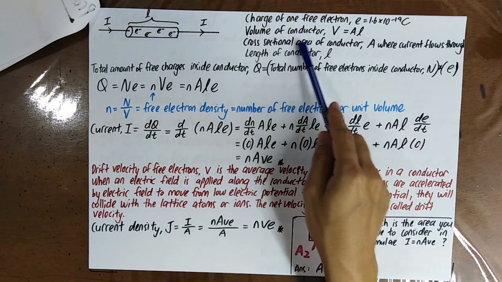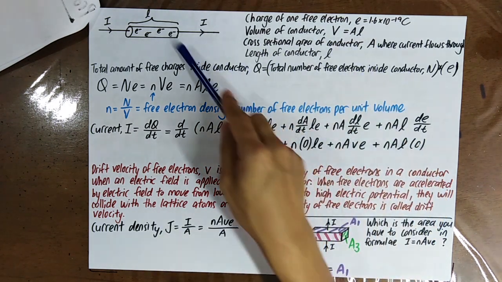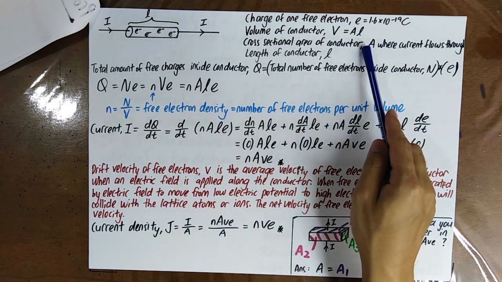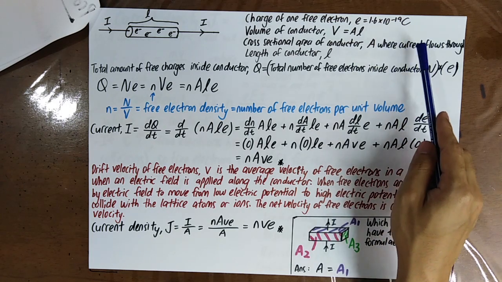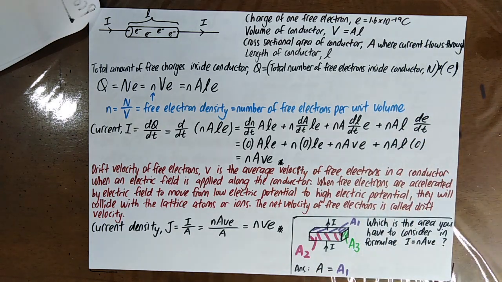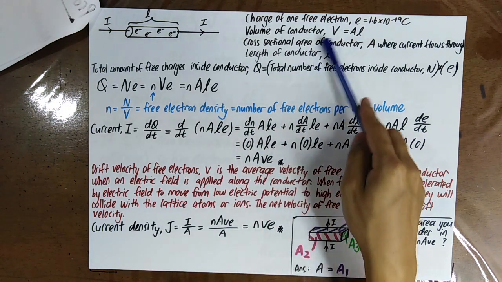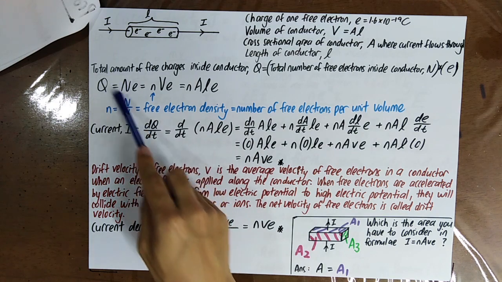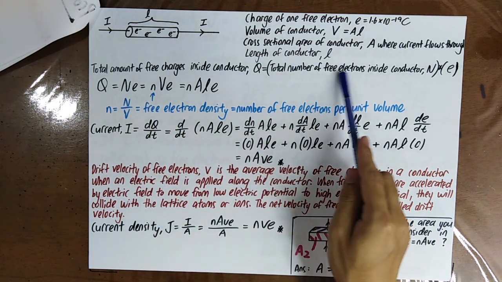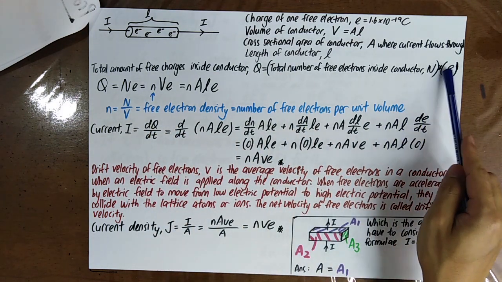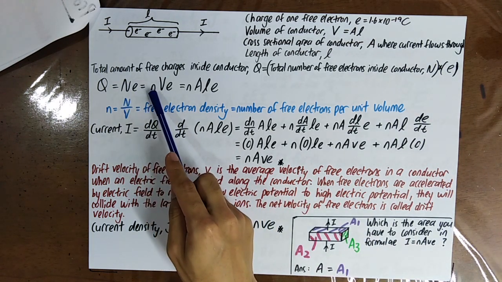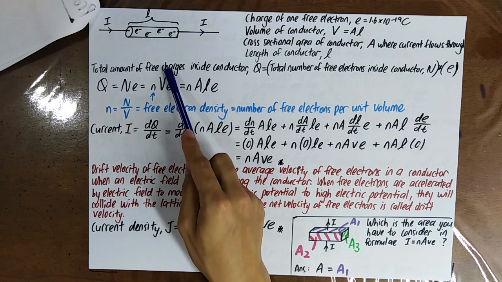The cross-sectional area of the conductor is A, and remember that the cross-sectional area refers to the area that the current flows through. The length of the conductor is L. The total amount of free charge inside the conductor, Q, is equal to the total number of free electrons inside the conductor times e, which is Ne, and N is equal to small n times volume.